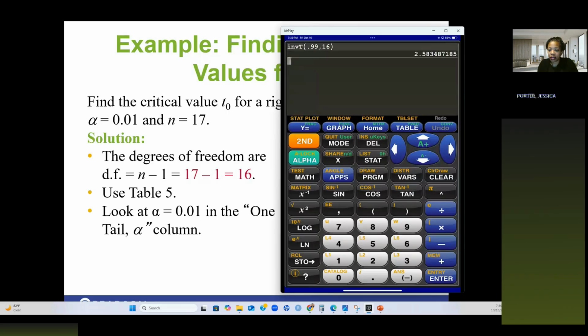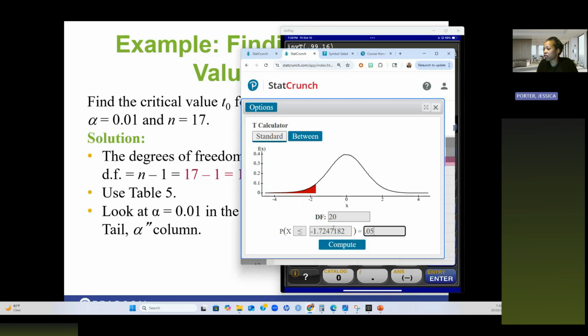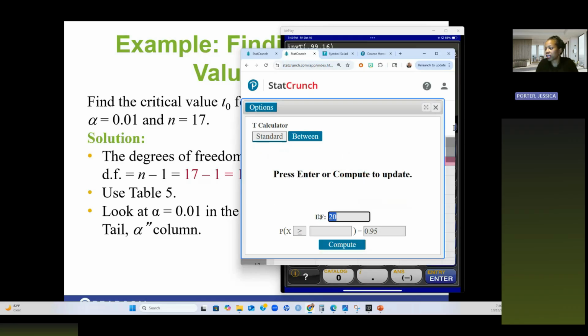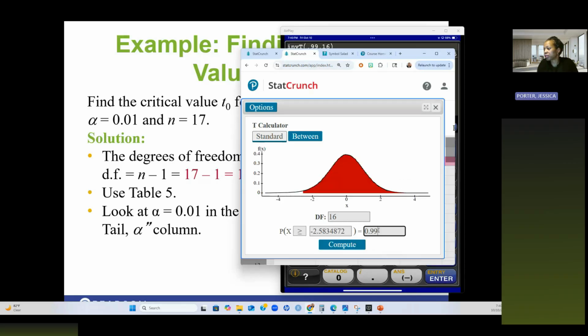And I said I was going to float back and forth, but degrees of freedom 16, 0.01.